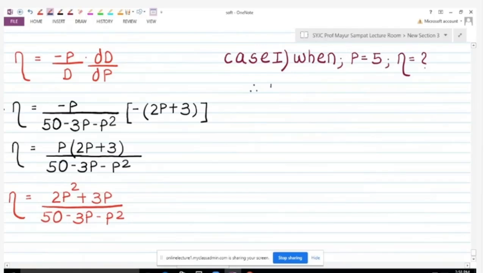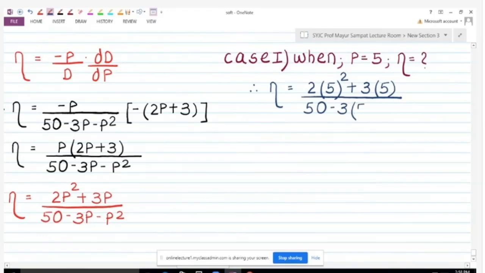Theta is equal to 2 into 3y square plus 3p, the value of p and 5 upon 50 minus 3p, the value of p, 5 minus y square.